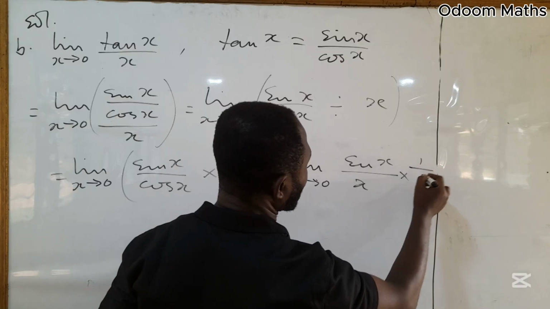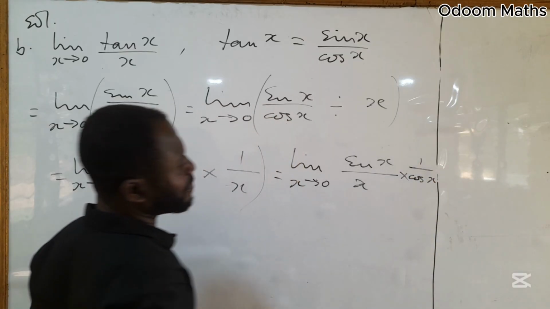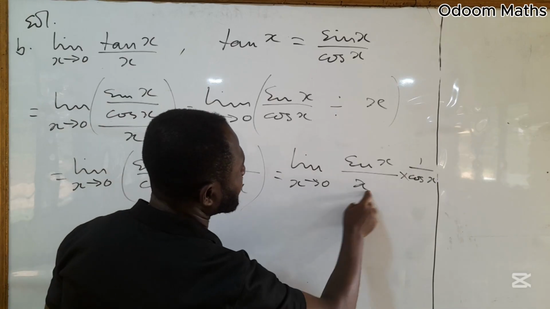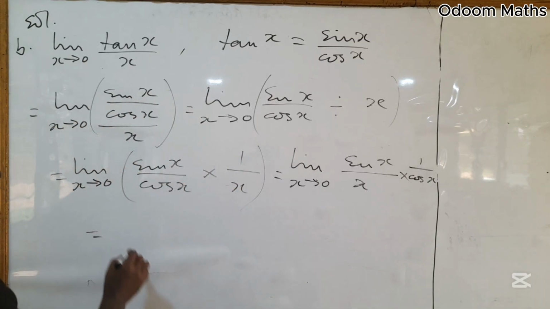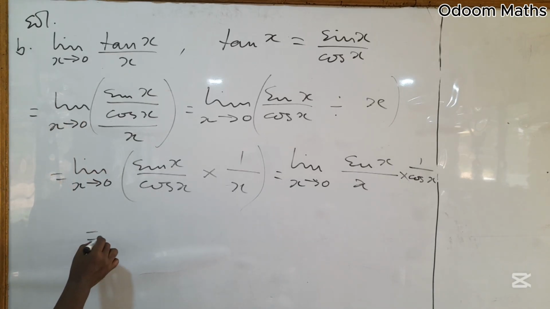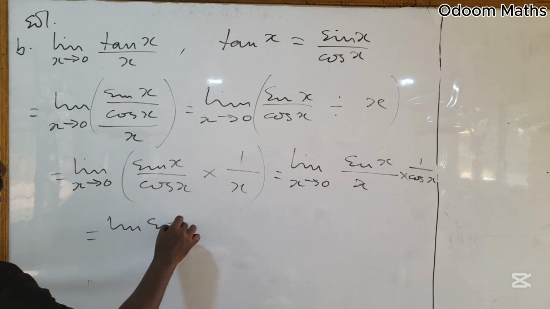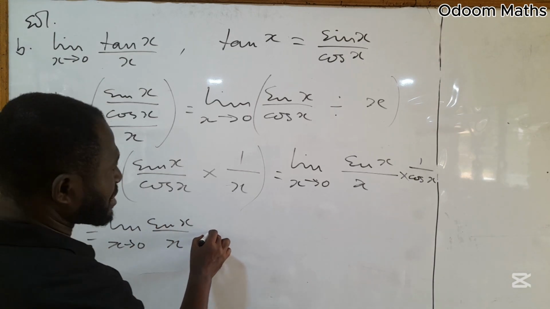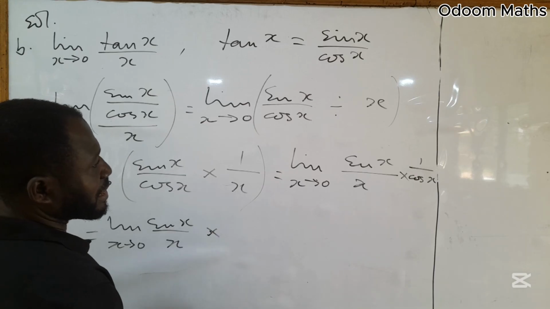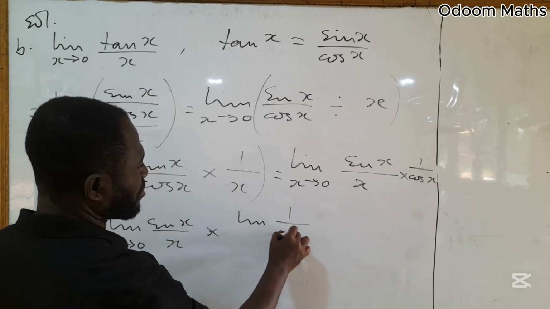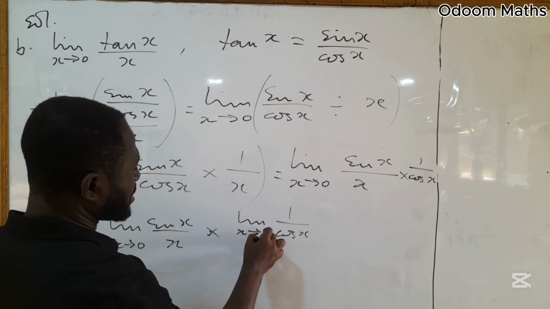I've not done anything new to the question; it's just that I've interchanged their positions. So from here, let me put a limit to each of them: the limit of sine x over x as x approaches 0, times the limit of 1 over cos x as x approaches 0.